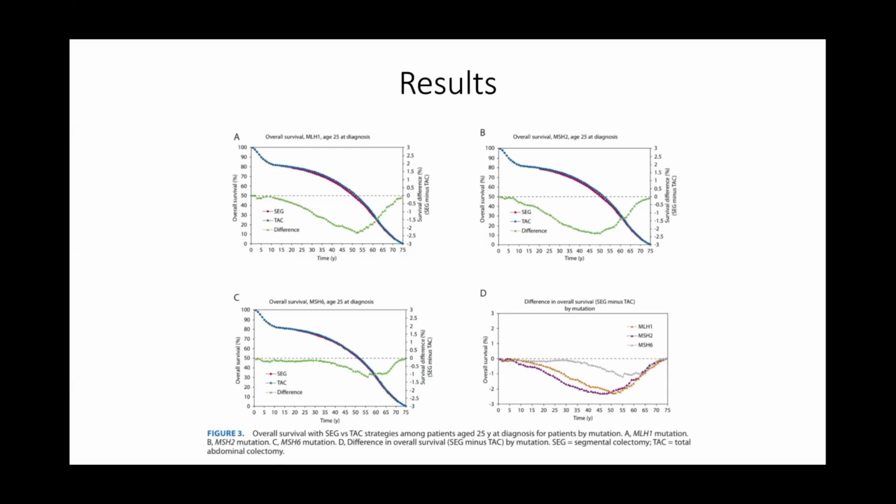These charts essentially try to show the difference in overall survival depending on the mutation that's present, assuming the diagnosis was made at age 25. What we want to draw your eyes to is the green line that shows that the primary difference in survival between segmental versus total colectomy was at the years between 40 and 60 for the MLH1 and the MSH2 mutation.